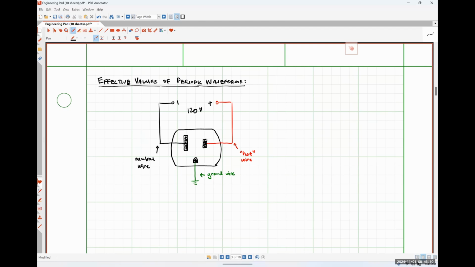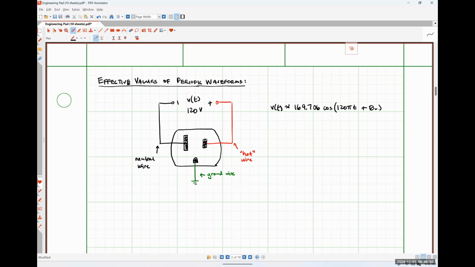Instead, the voltage as a function of time between those two terminals, v of t, is, make sure I do the math right here, approximately, because it does change slightly, but it should be somewhere very close to 169.706 cosine 120 pi t plus whatever phase angle is introduced at the particular time that we start measuring.